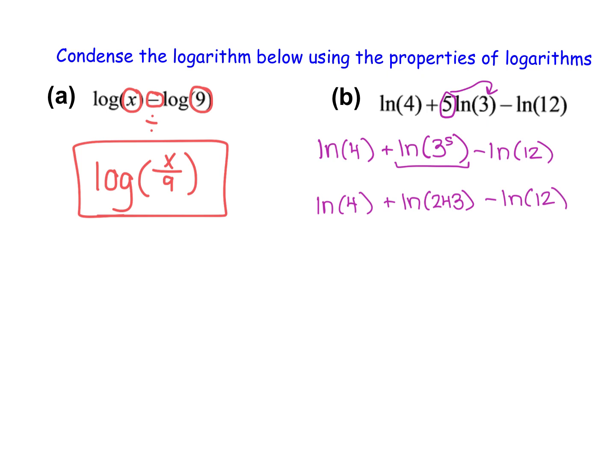So then from here, I notice that I have some additions and subtractions. I know when I see additions that I have that multiplication or that product property. So I know that this, once I pull it inside the log, will turn into multiplication.